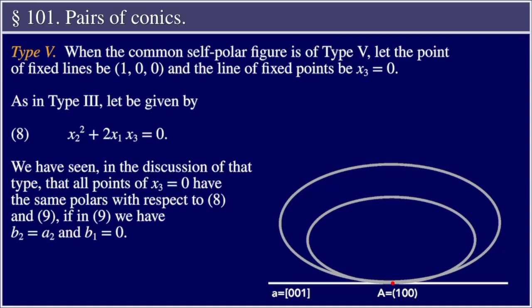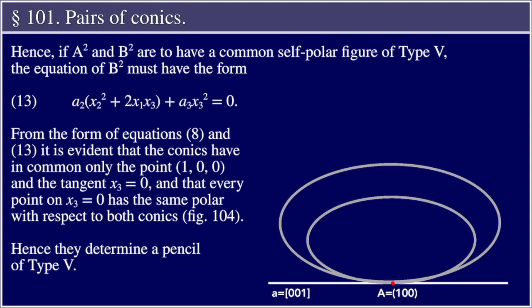If in 9 we have b2 equal a2 and b1 equal 0. Hence, if a squared and b squared are to have a common self-polar figure of type 5, the equation of b squared must have the form equation 13: a2 times the quantity x2 squared plus 2 x1 x3, plus a3 x3 squared equals 0.